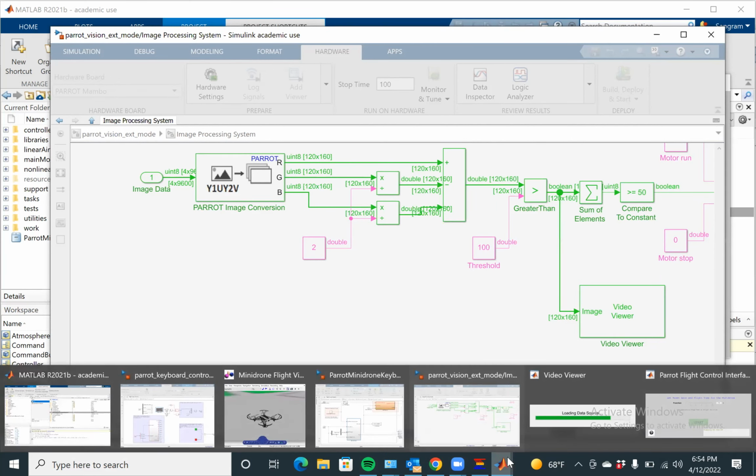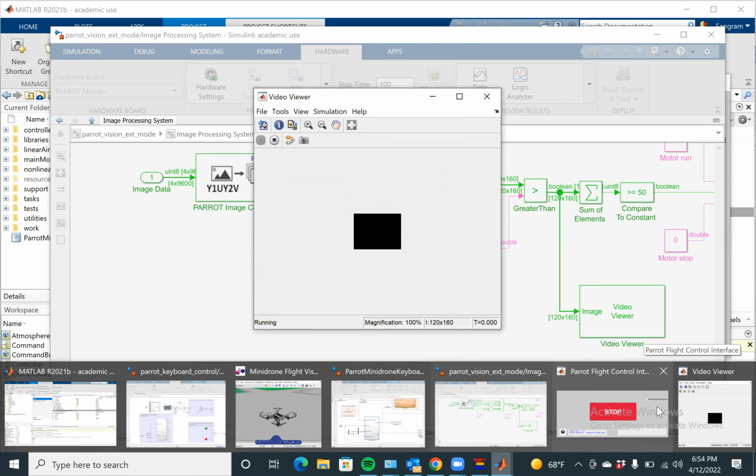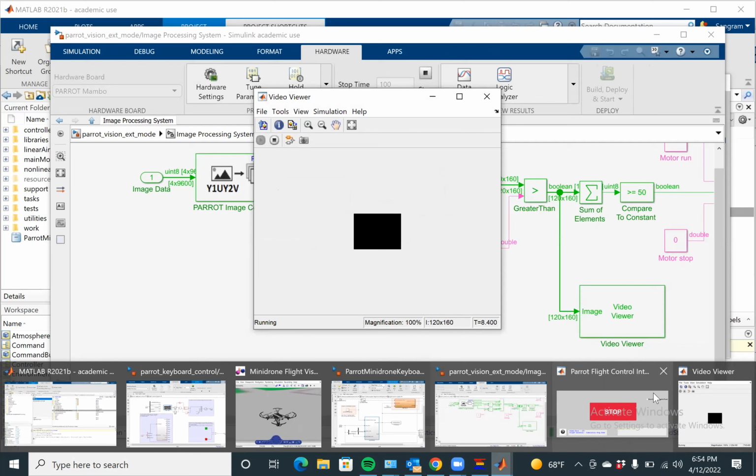So check this out. See this? That's my name. And the motor starts spinning because it's detecting the red color, and then it should stop.